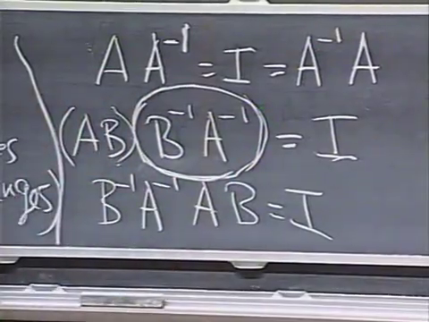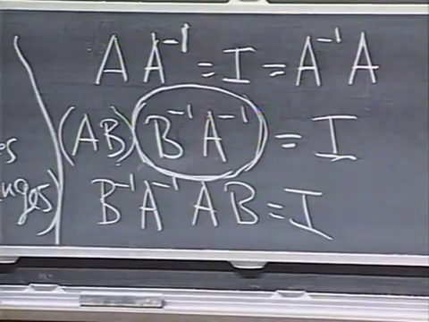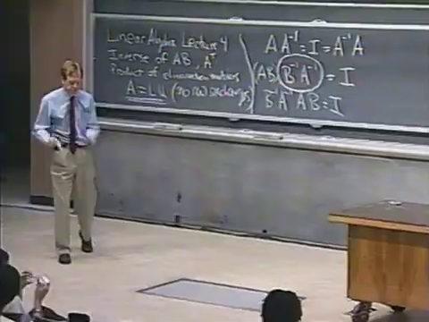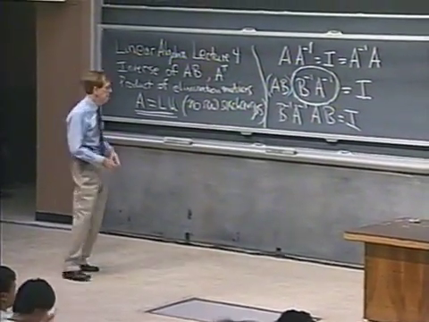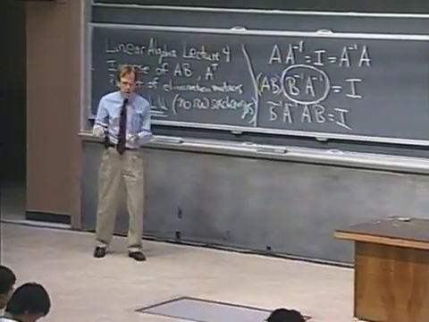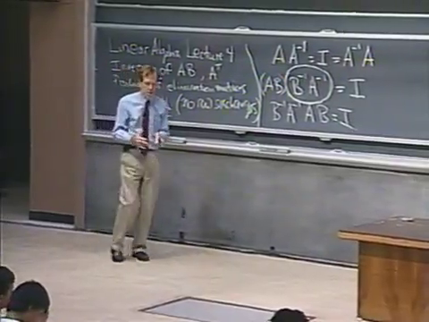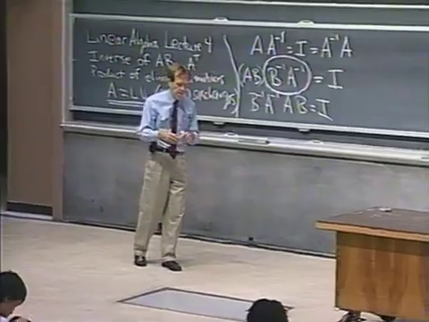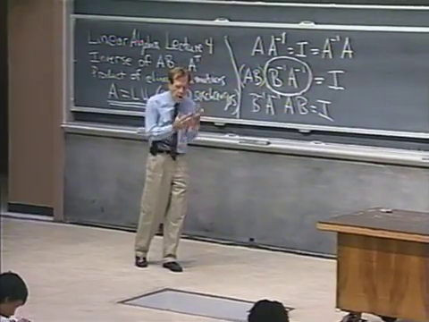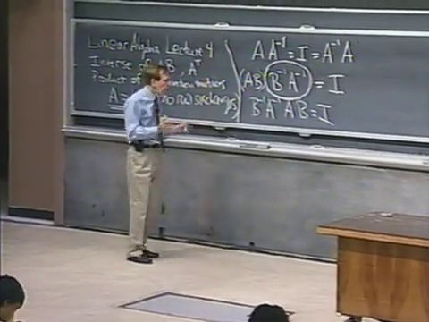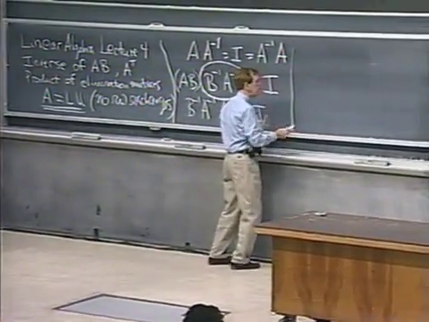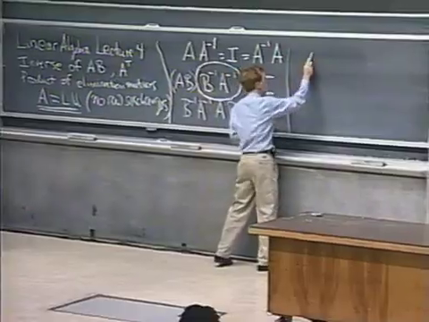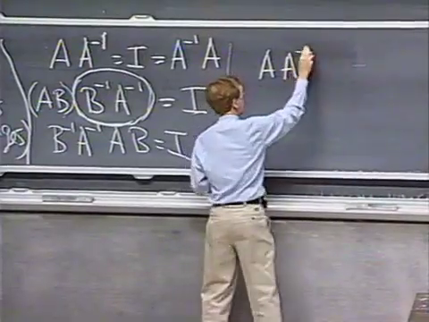Good. While we're at it, let me do A transpose. Because the next lecture involves a lot of transposes. So if I transpose a matrix, I'm talking about square invertible matrices right now. If I transpose one, what's its inverse? Well, the nice formula is, let me start from A inverse times A equal the identity.